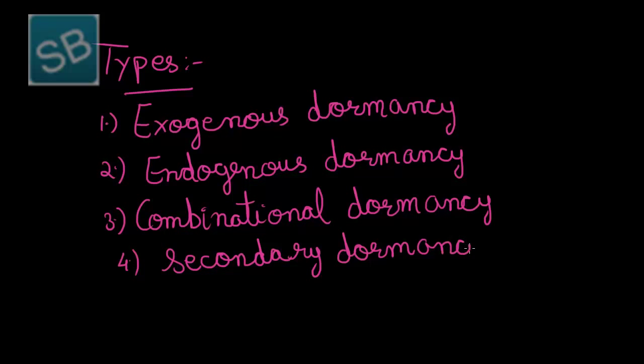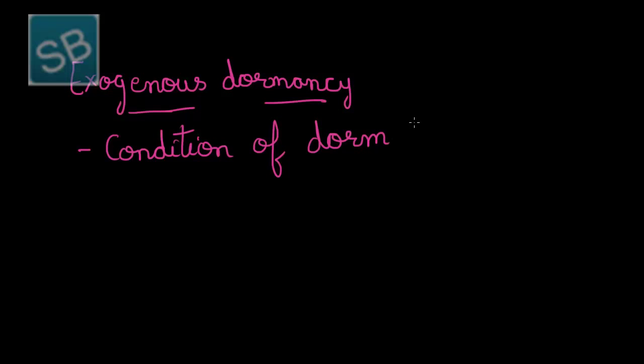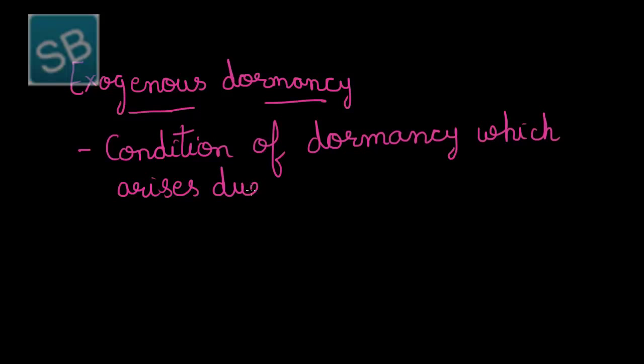So now let us start with our first type, that is exogenous dormancy. Exogenous dormancy is a condition of dormancy which arises due to the conditions that are present outside the embryo.